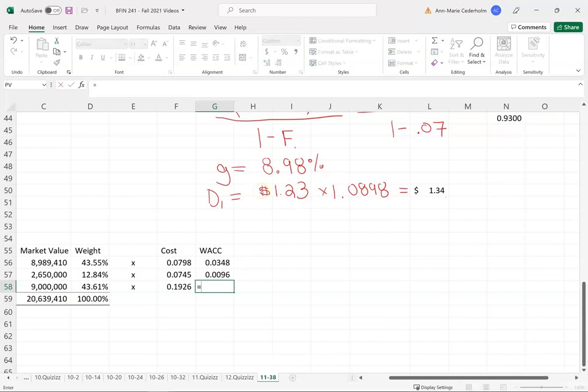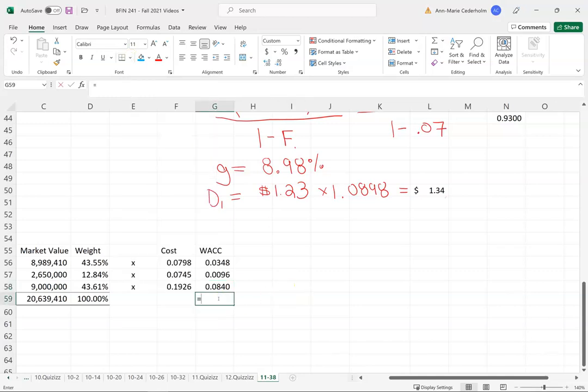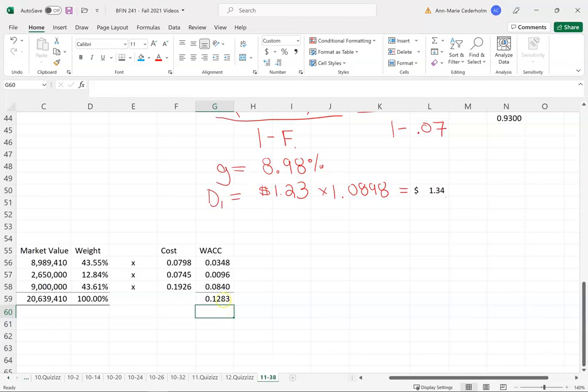And then I take the 43.61% and I multiply that by 0.1926. So now when I add these up, I get 0.1283. And I'll just want to show this as a percentage.